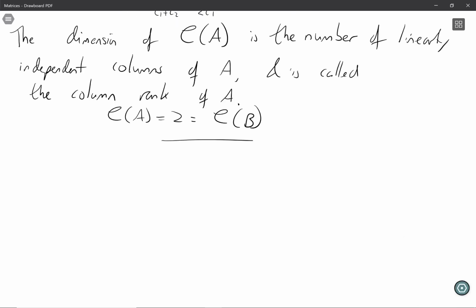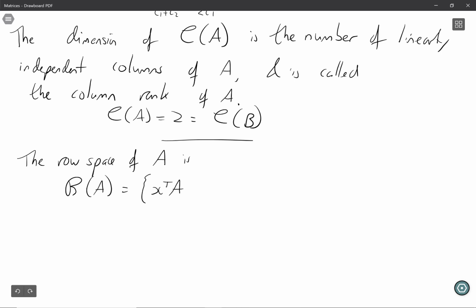Now we can also think about the row space of A. Okay, so we won't use this notation very often, but the row space of A is, let's say, R of A, which is the set of vectors of the form X transpose times A, just a linear combination of the rows of A. So that's for any vector X which is in Rn.